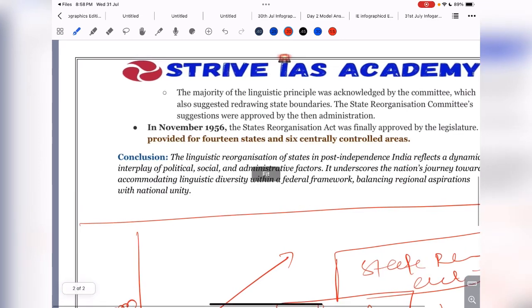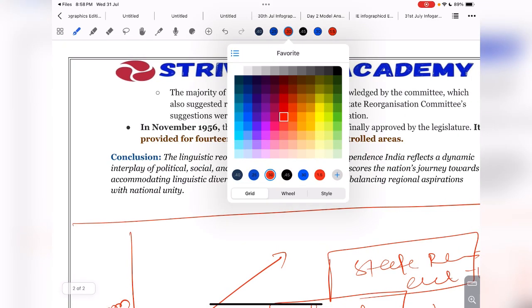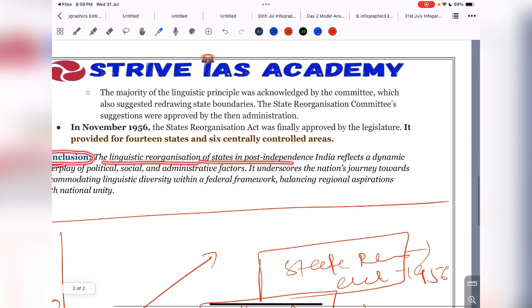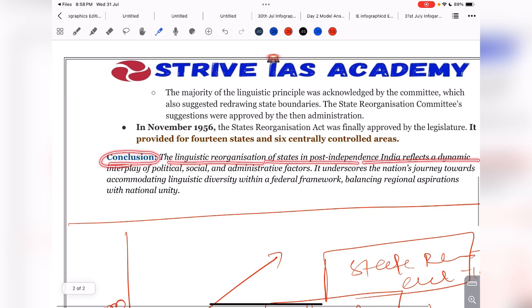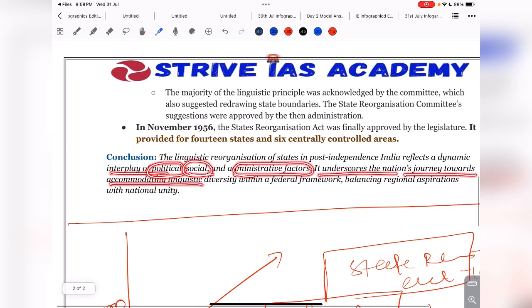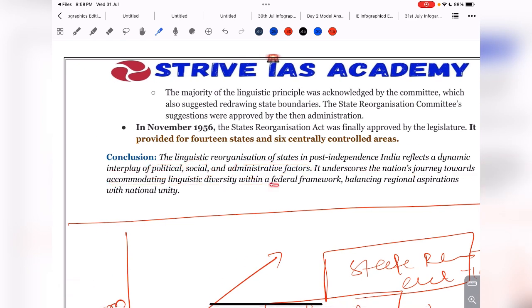Then after your body, as I have already discussed, you need to conclude your answers. So, conclusion: the linguistic reorganization of states in post-independence India reflects a dynamic interplay of political, social and administrative factors. It underscored the national journey towards accommodation of linguistic diversity within a federal framework, balancing regional aspiration with national unity.